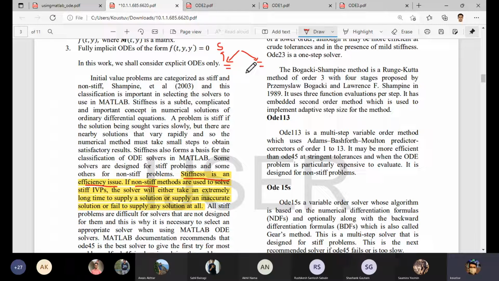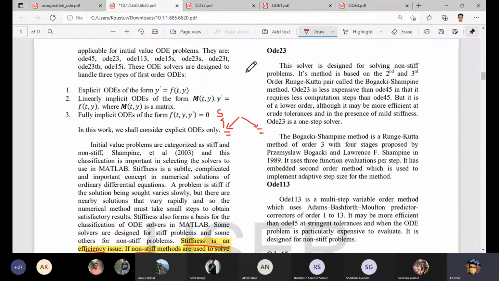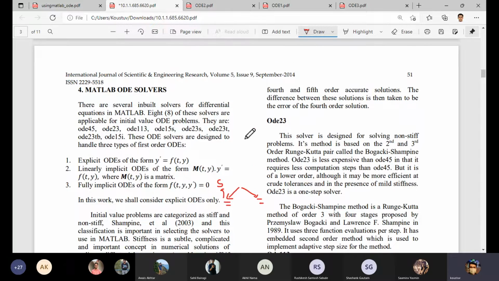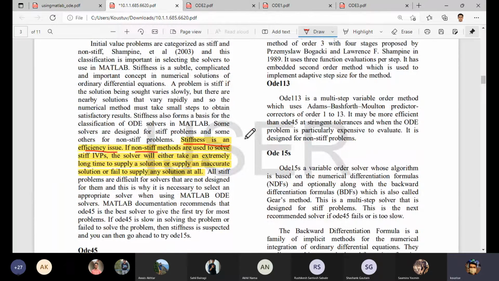It will give the results in much lesser time, and the solution will be accurate and accepted. It will not be inaccurate or fail to provide any solution. These are some introductory statements and concepts that I thought we should introduce in this manner.